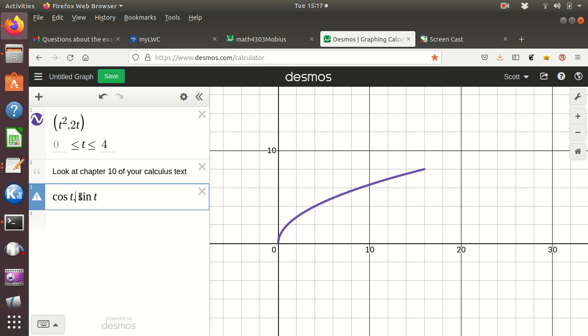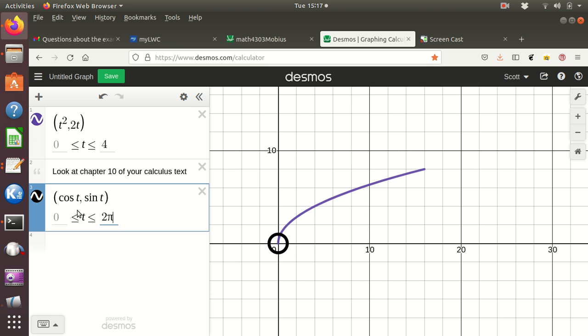Yeah, that's what we do, is we put it in that way as the real and imaginary part. And this knows exactly what we're saying. And remember, e to the i theta, or e to the it, just has magnitude 1, and you see this is what this does. And if I go to 2 pi, I get the whole circle.